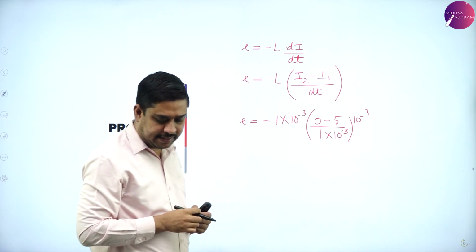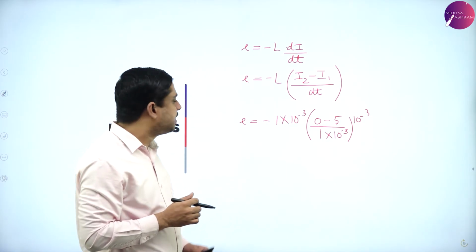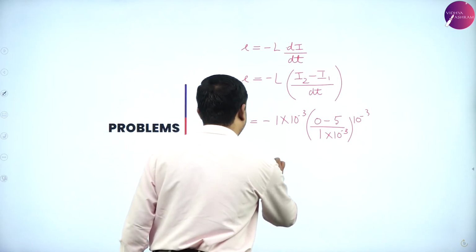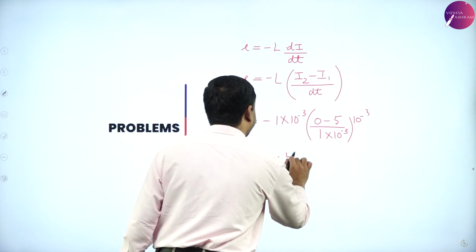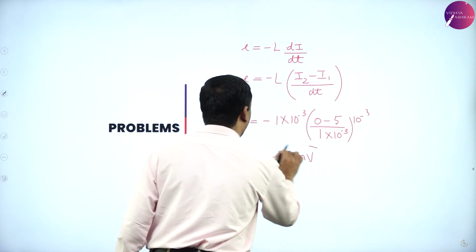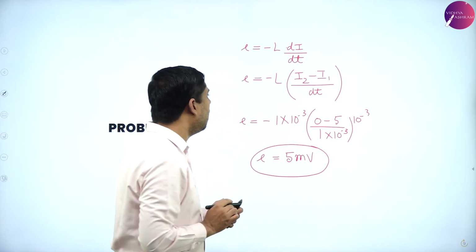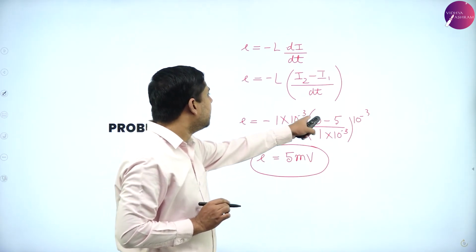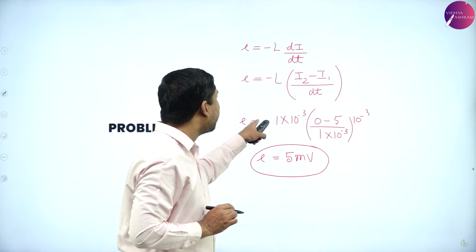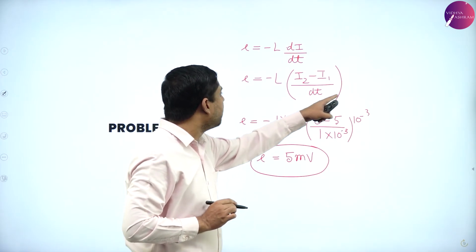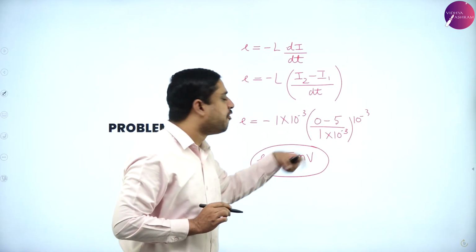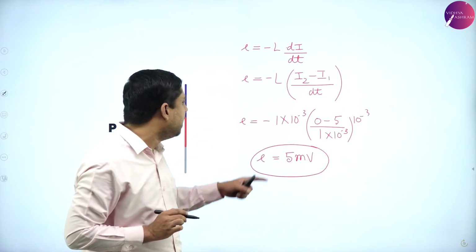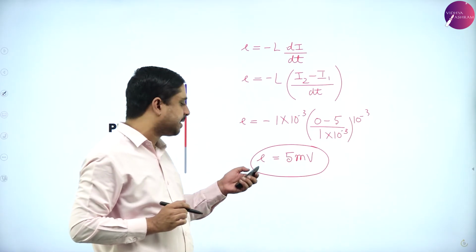So when we simplify, the answer turns out to be 5 millivolts. Minus into minus becomes plus, 10 power minus 3 cancels, so 5 divided by 1 millivolts.